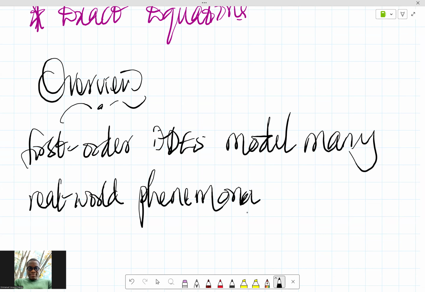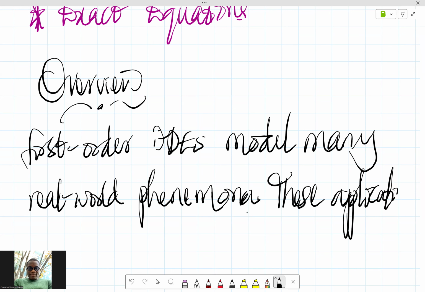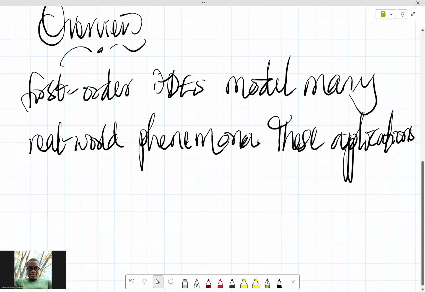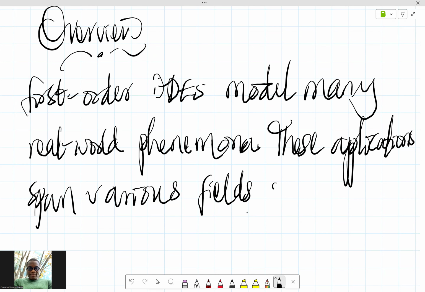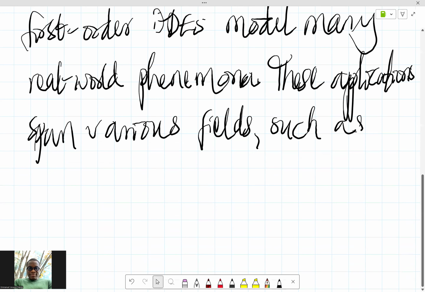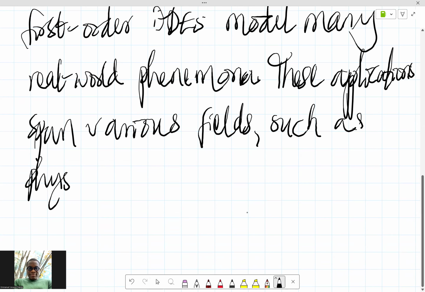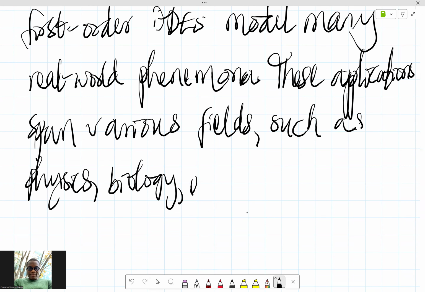These applications span various fields such as physics, biology, economics, and engineering.